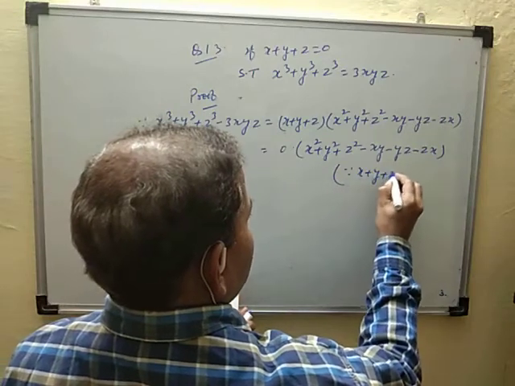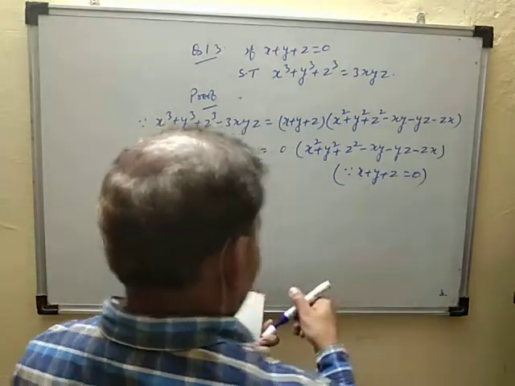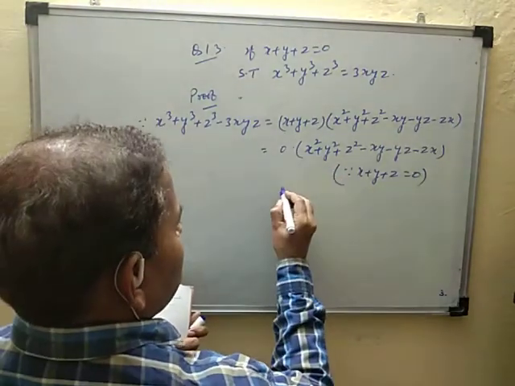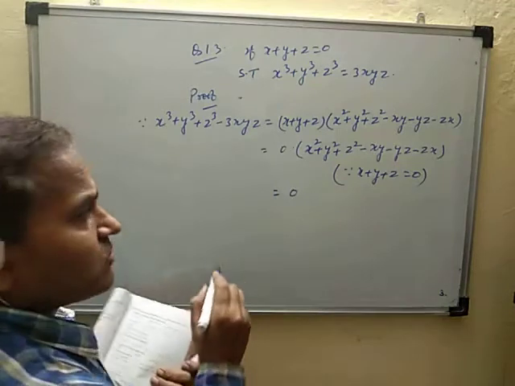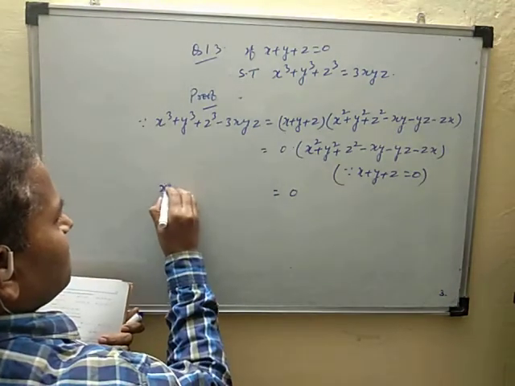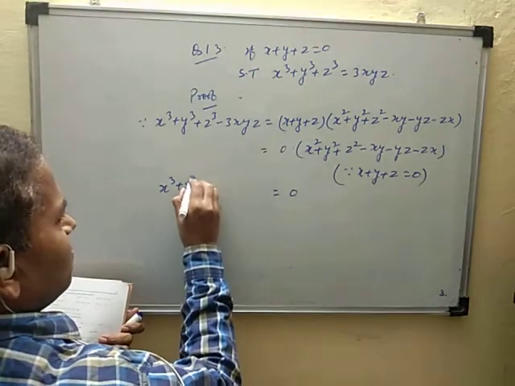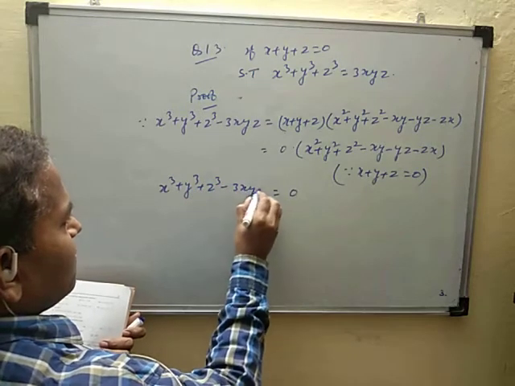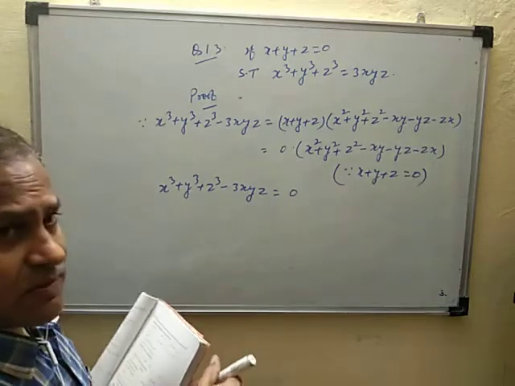Since x plus y plus z is equal to 0 given, multiplied by 0, that is 0. So this is the value of x cube plus y cube plus z cube minus 3xyz.